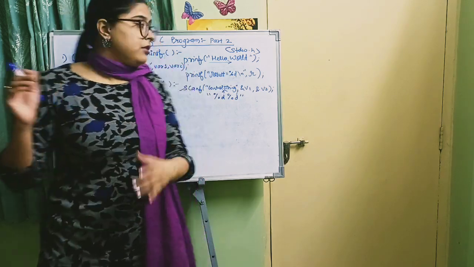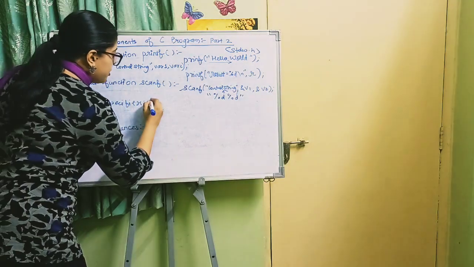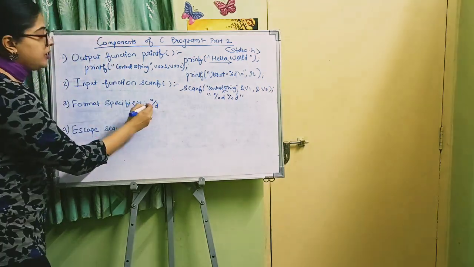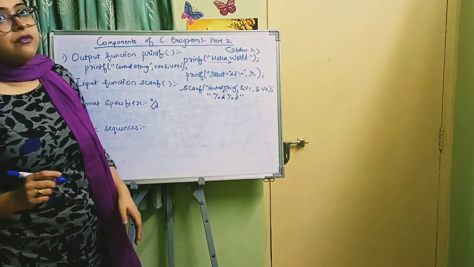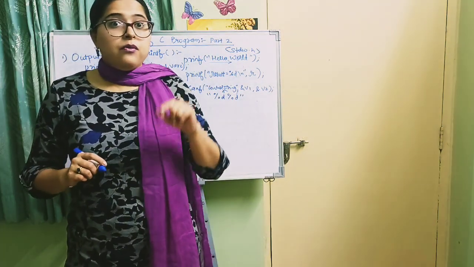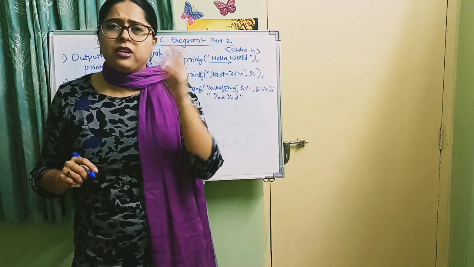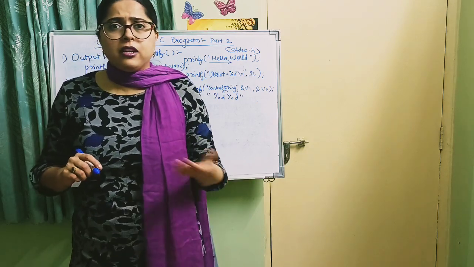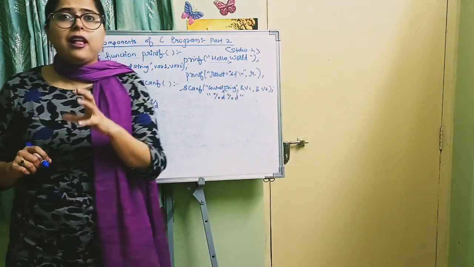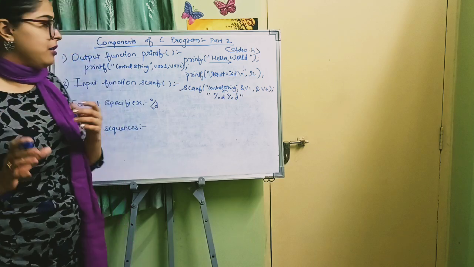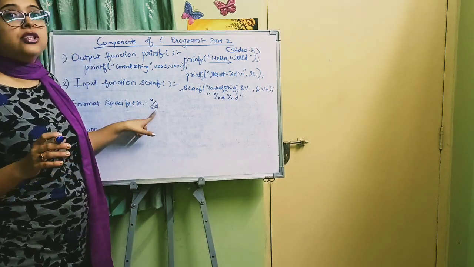For example, %d is a format specifier used when we are dealing with signed integer numbers: -1, -2, -6, 1, 2, 3, etc. Positive integers, negative integers, signed decimal values. When we are dealing with signed decimal values, we use %d.